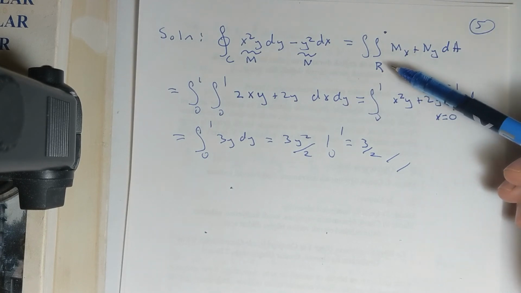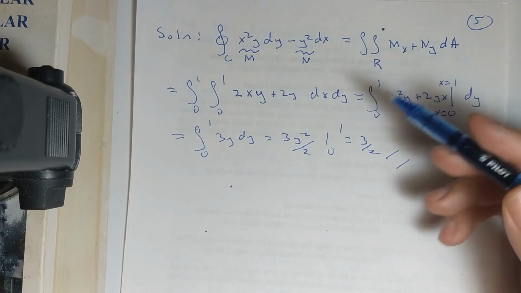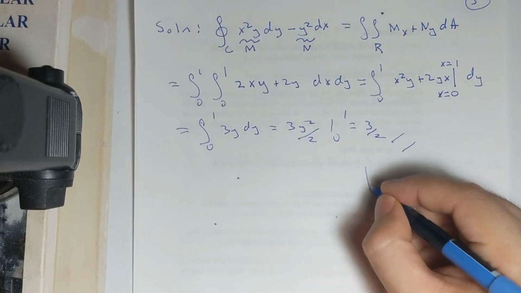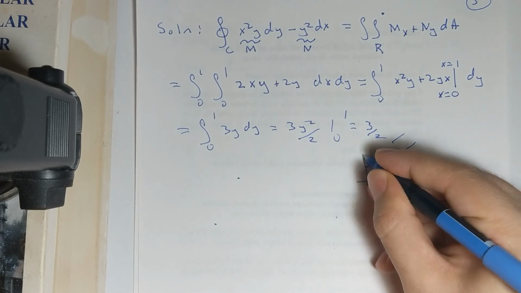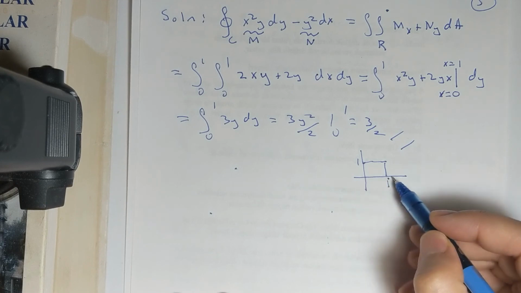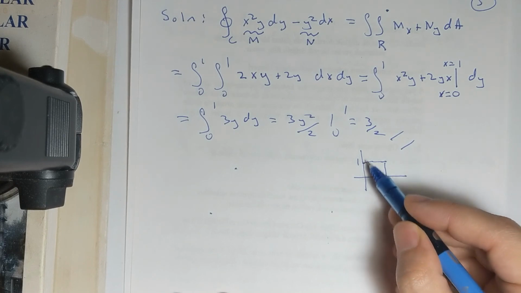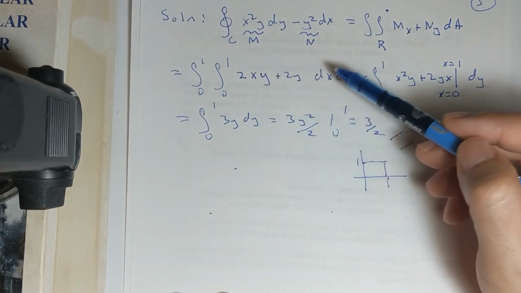Well, what is R? Because we're on the square, right? So remember, R squared goes like this. This was 1, this was 1. So x is going to go from 0 to 1, and y is going to go from 0 to 1. So it's going to be 0 to 1, 0 to 1, (2xy + 2y) dx dy.